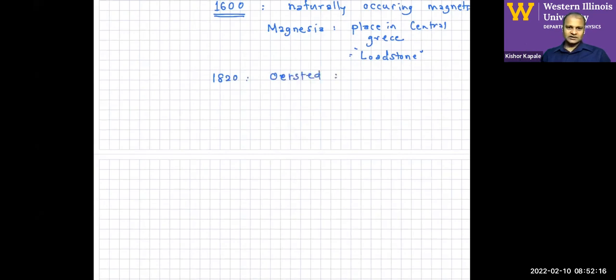He's a British physicist, and he showed the connection between electricity and magnetism, that a current carrying wire can generate a magnetic field.